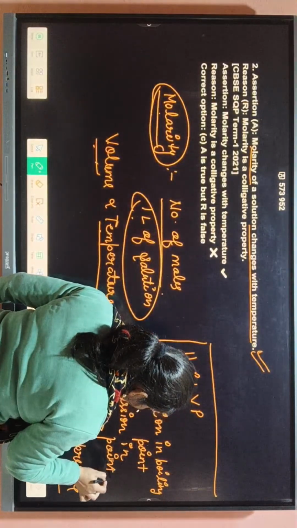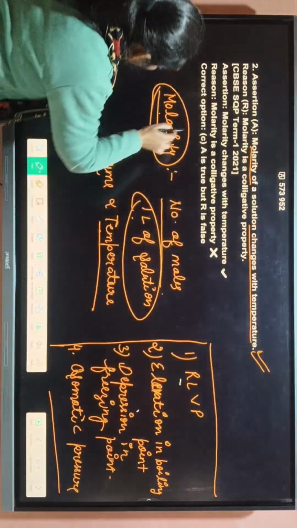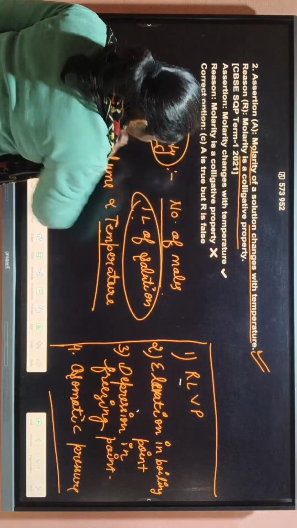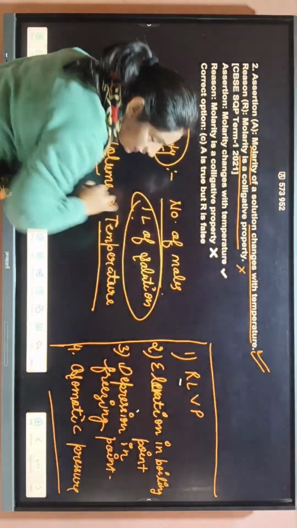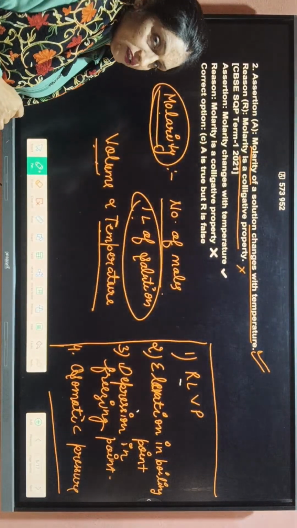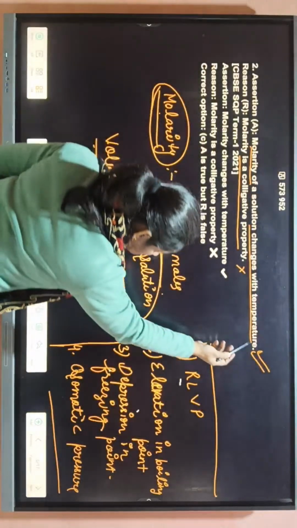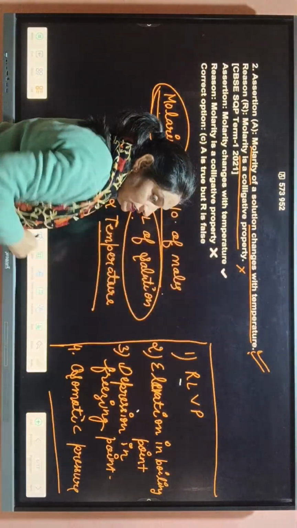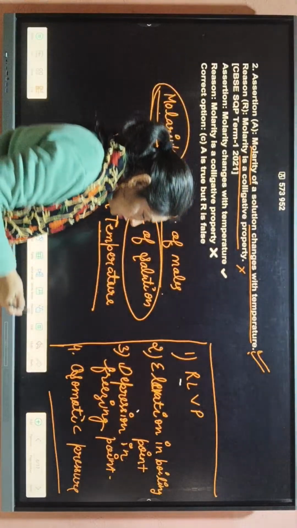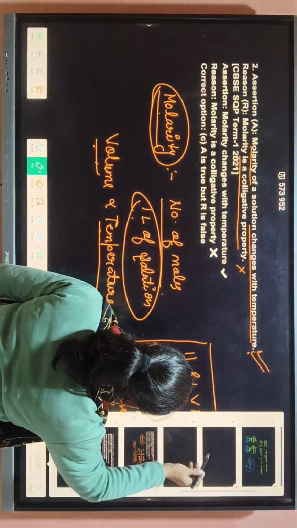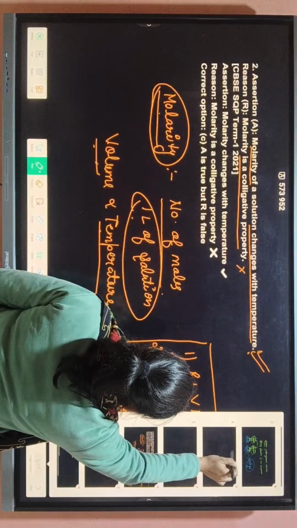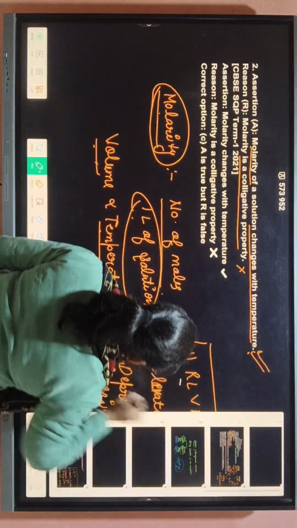Okay, so student, molarity is not a colligative property. So this one is incorrect. So students, here our assertion is correct, but reason is incorrect. Okay, so let's check the options.